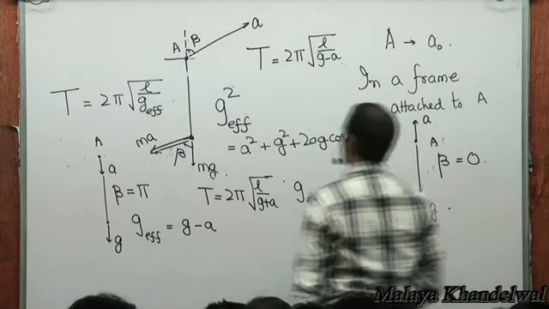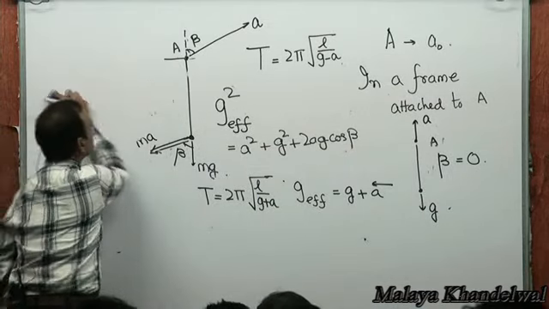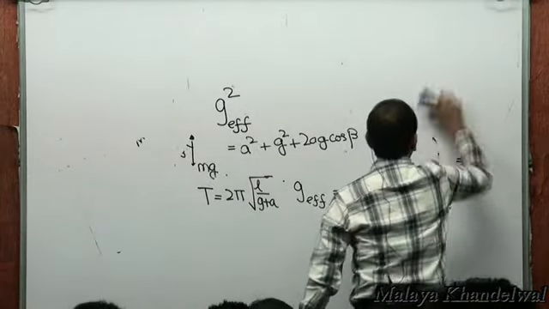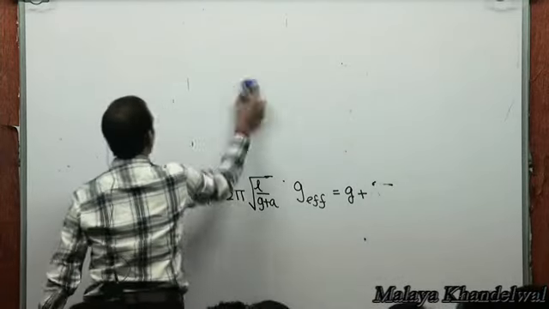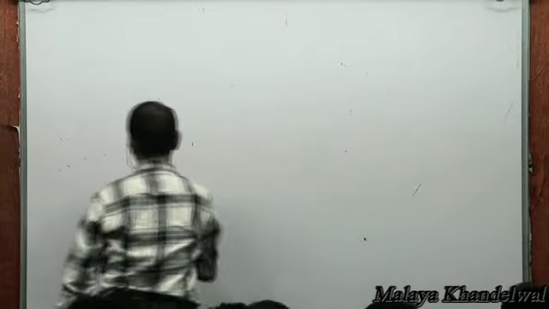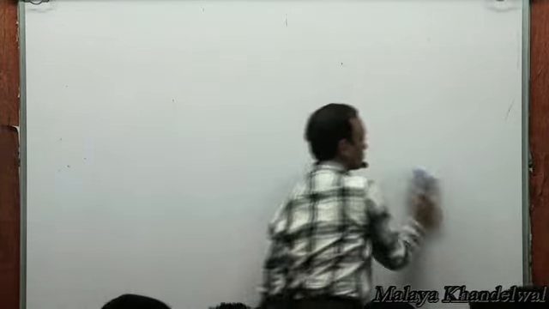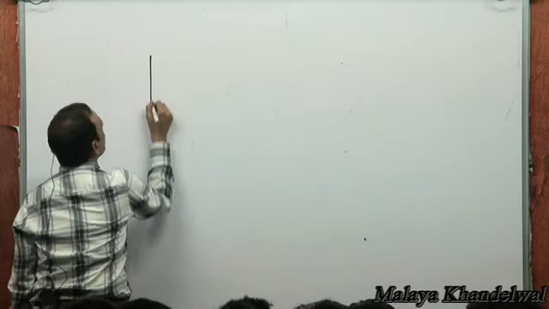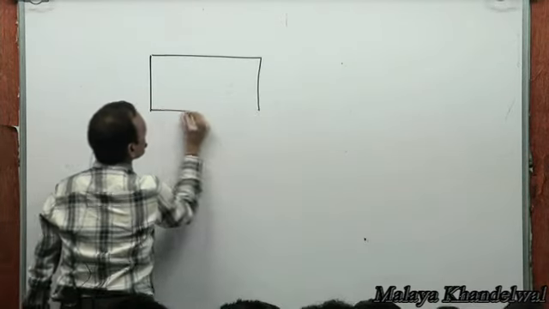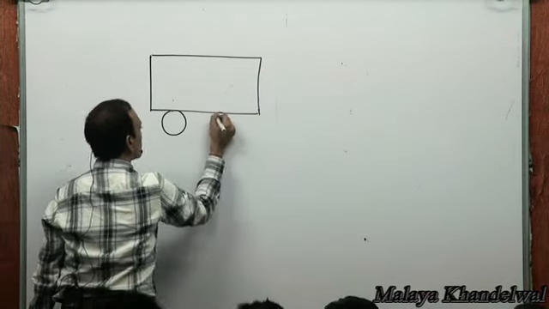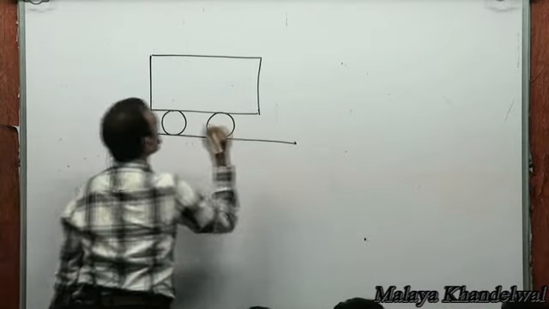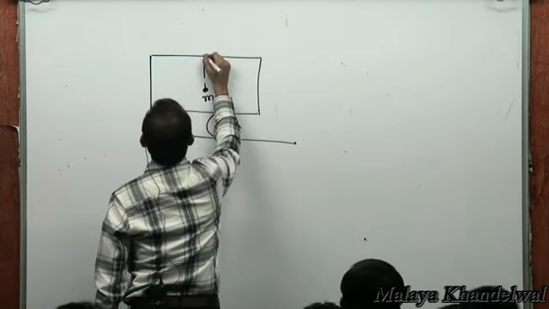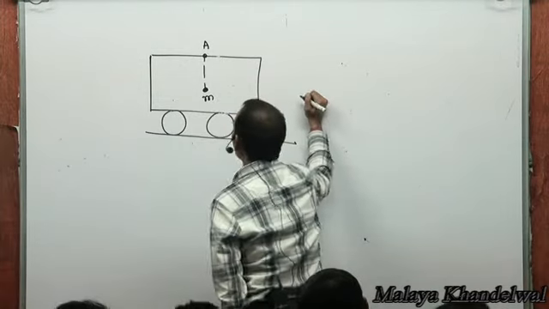Suppose now I have a trolley in which there is a bob of mass m suspended from the point A of the ceiling of this trolley.